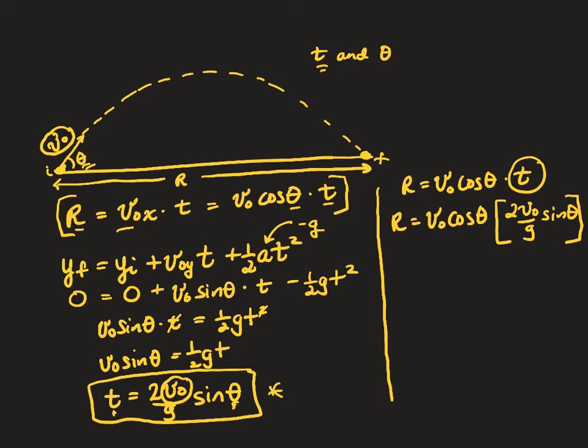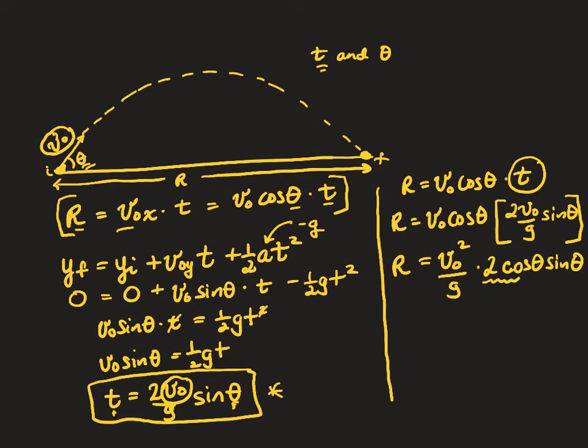And now I can simplify that. And I'm going to do it in a particular way because I know what result I'm leading to. So I'm going to do it in a way that's a little algebraically more simple. So R is going to be equal to V naught squared over G, because there's 2 V naughts in there, times 2 cos theta sine theta.